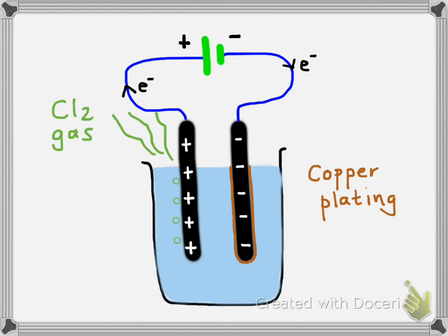At the negative electrode, where reduction is taking place, copper would be formed, and that copper would slowly plate the electrode, and you'd see that very distinctive browny orangey color of copper being formed. So that's the process that takes place during the electrolysis of copper chloride.